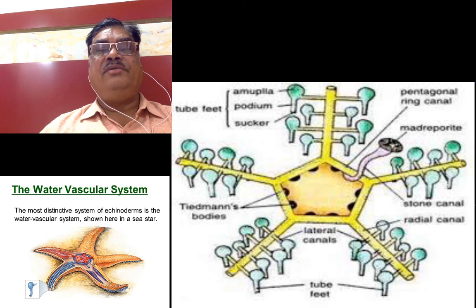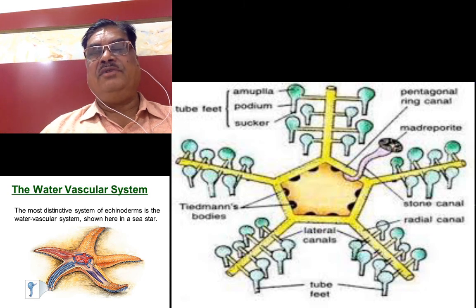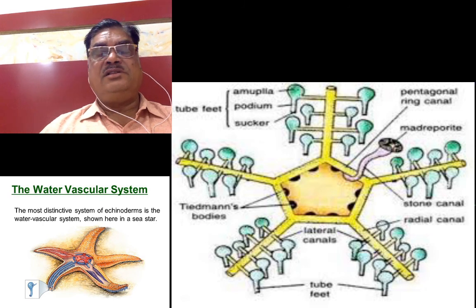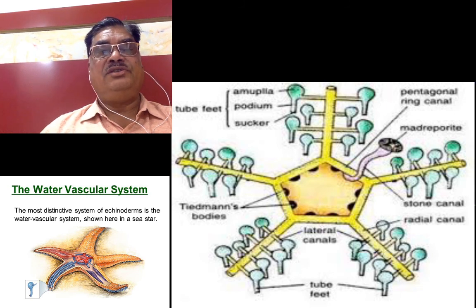But it is very difficult to identify externally which is the male and which is the female. External sexual dimorphic character is absent in case of starfish. These starfish are also called sea stars, and the scientific name of starfish is Asterias rubens. The body is somewhat star-like, and this is a very important organism.